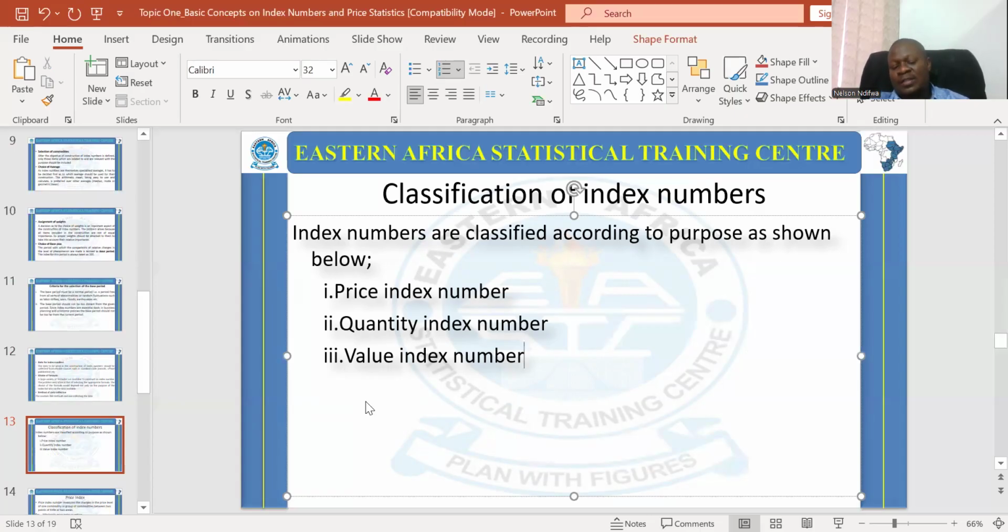We construct price index numbers with computation based on the prices of goods or commodities. You can also construct one based on quantity, that is a quantity index number. Lastly, you can have a value index number that combines the price and the quantity.